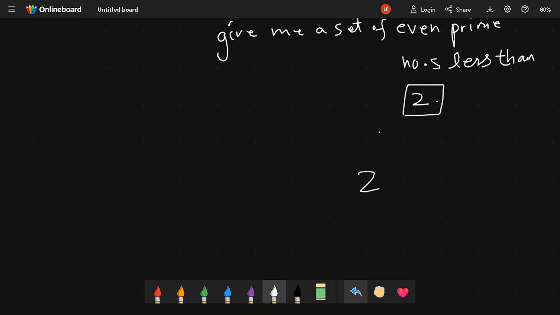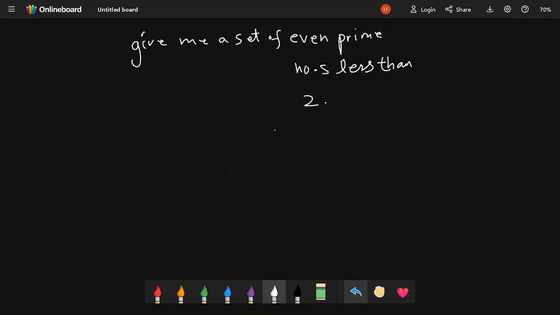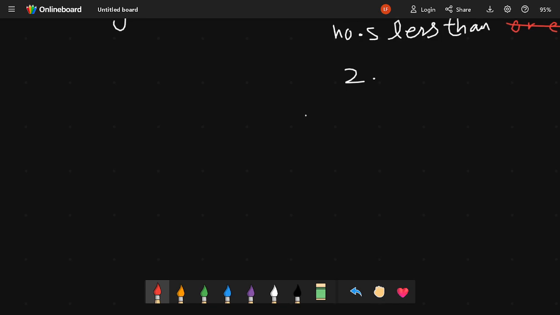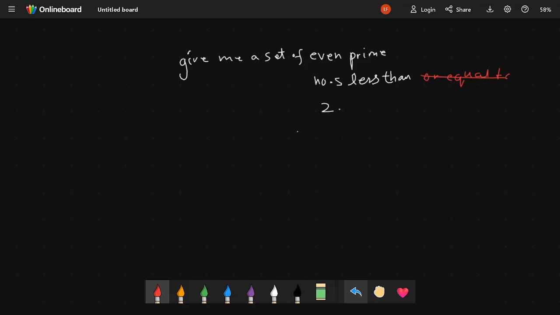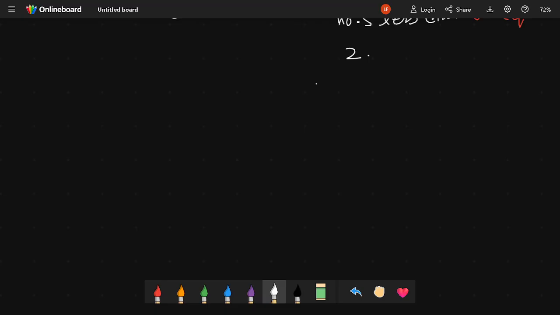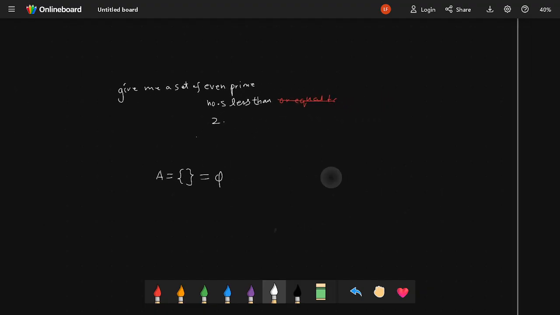So 2 would work. This would be the answer to your set if this was less than or equal to. But that's not the case here. We're just asked less than 2. And 2 is not less than 2. So, how would we represent this? A equals an empty set, which means there are no elements in this set, or phi. So that's what phi is.